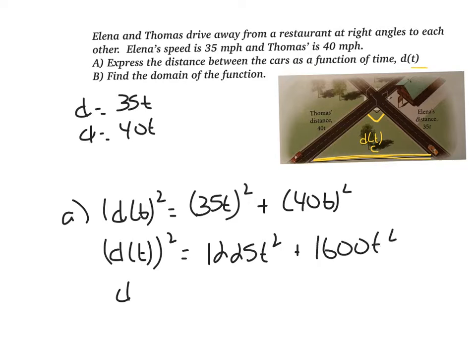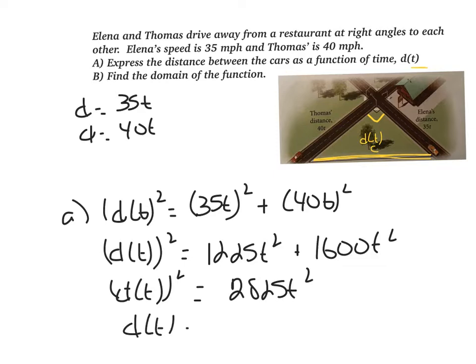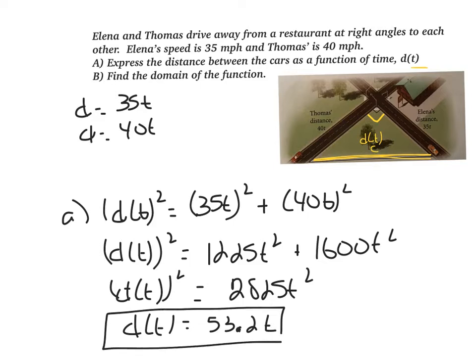So I get d squared equals 2825 t squared. I'm going to take the square root of both sides to give me my function here. The square root of 2825 is 53.2 t. So there's my function right there. All right, that's the answer to part A.